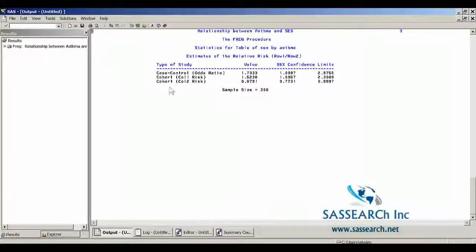So you're going to want to be careful how you interpret the column 2 risk. I would usually focus on interpreting the odds ratio and the relative risk from column 1 risk.